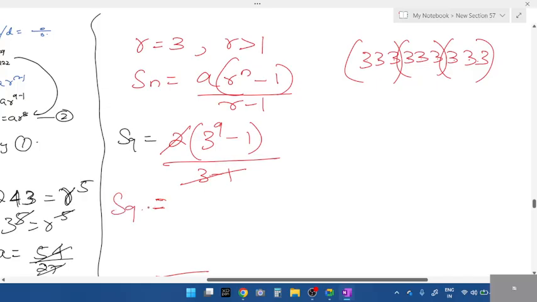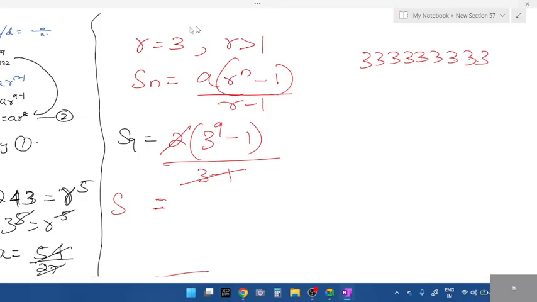Can you tell me the final answer you all got? 19,682. Okay. So you can group it like 3 3, students, 3 3 or 2 2 values. Don't multiply 3 repeatedly. If you keep on multiplying the values, you'll definitely miss one question. Group 2 values.